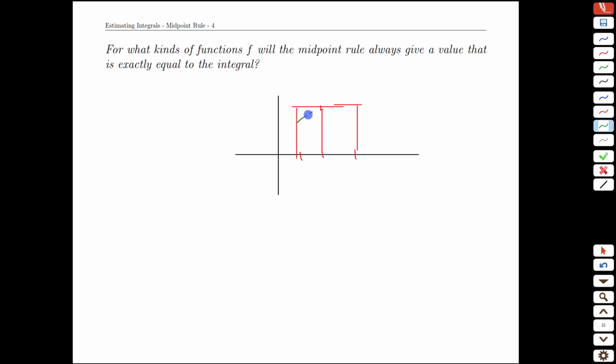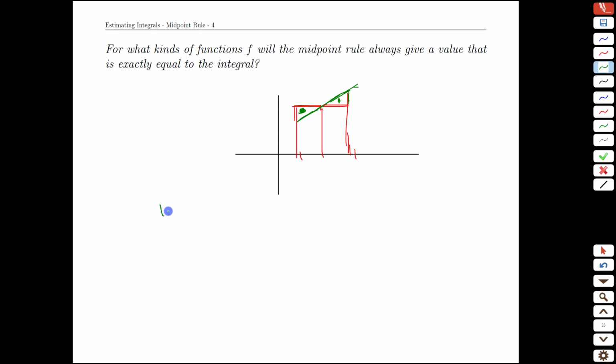Another kind of function that's going to give us exactly the same area as the area under the graph would also be a straight line. If we imagine a straight line, let's make this a little more even looking here. There we go. Then the overestimate that we get from the midpoint rule is going to be exactly balanced by the underestimate on the next part.